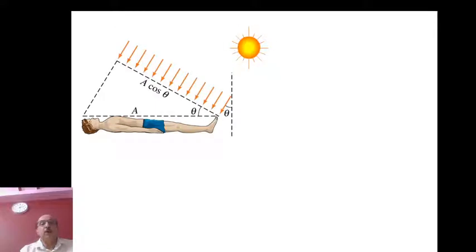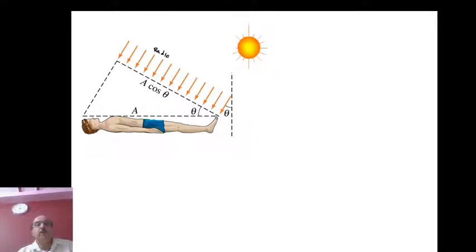Now the sun is providing the heat, and a person is sleeping on the ground. What happened? The energy is transferred from the sun in the form of electromagnetic radiation.